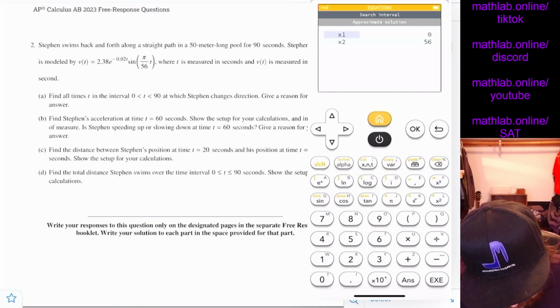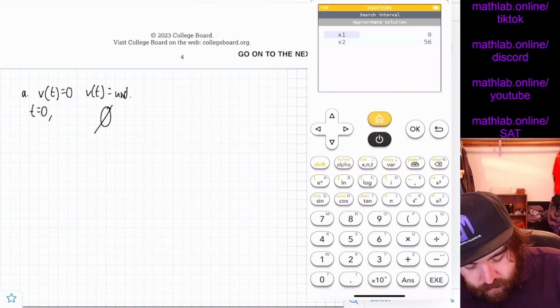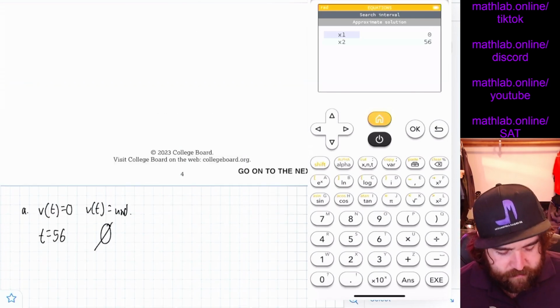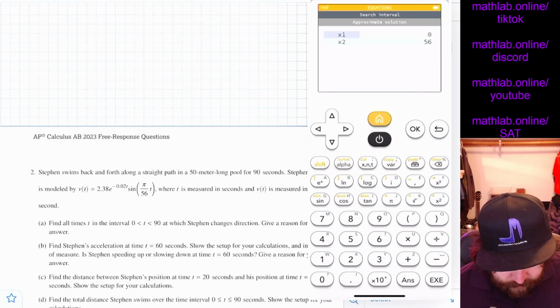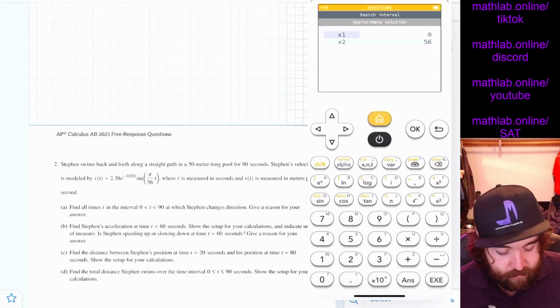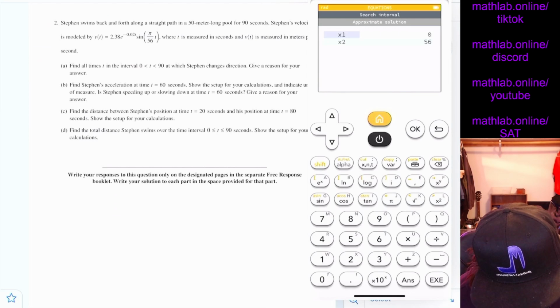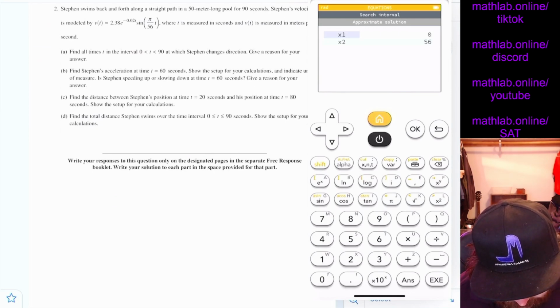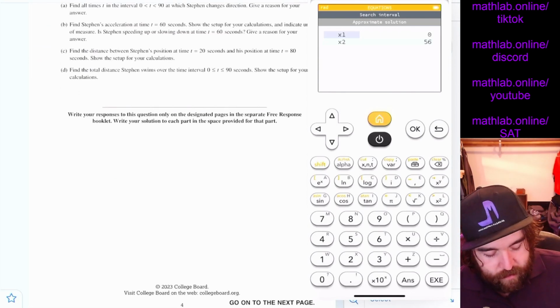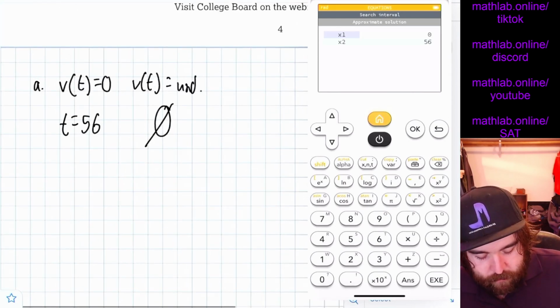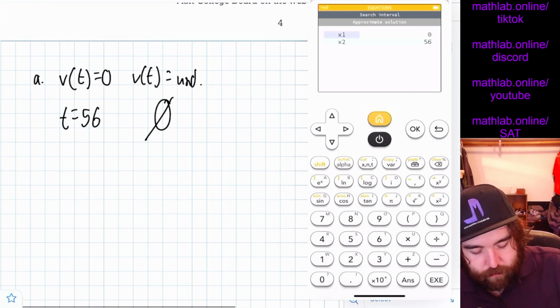Well, 0 is not actually included in the interval, so we don't include that. We just say t equals 56. What a number, 56. How did that happen? Oh, because pi over 56. Got it. Okay. But then we need to look at, so that's like our critical value in a way.